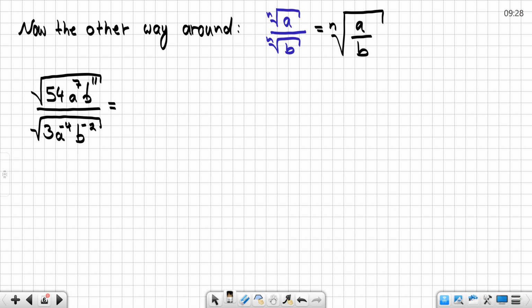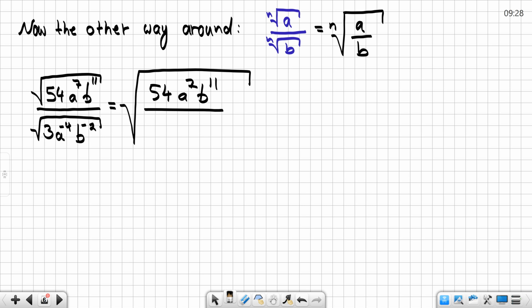I have a square root on the bottom, I have a square root on the top, and that means now I can make one big square root out of this. And I had on the top 54 a to the 7th, b raised to the 11th, divided by 3a to the negative 4 times b raised to the negative 2nd.